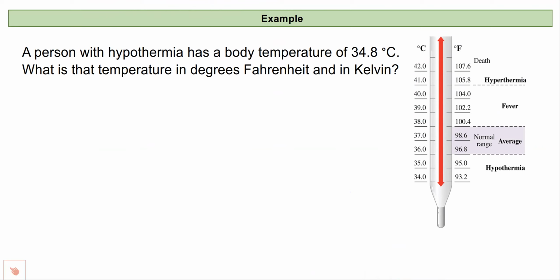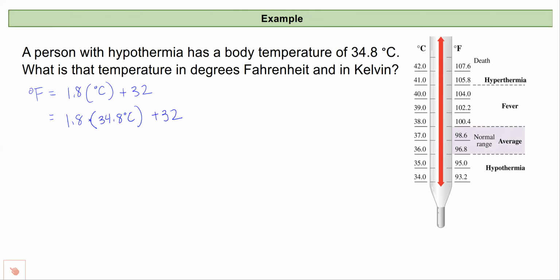So for Fahrenheit, degrees Fahrenheit equals 1.8 times degrees Celsius plus 32. So this will equal 1.8 times my degrees Celsius of 34.8 plus 32.